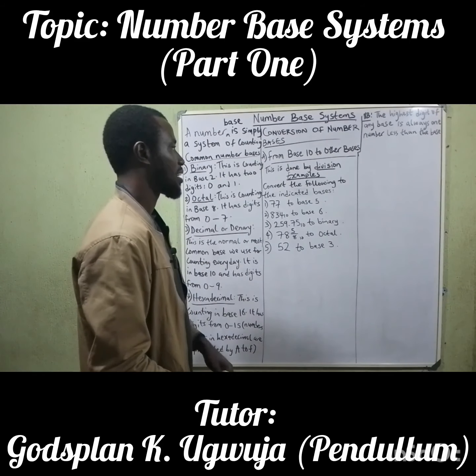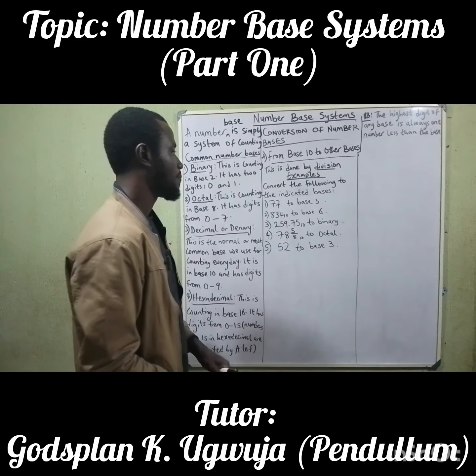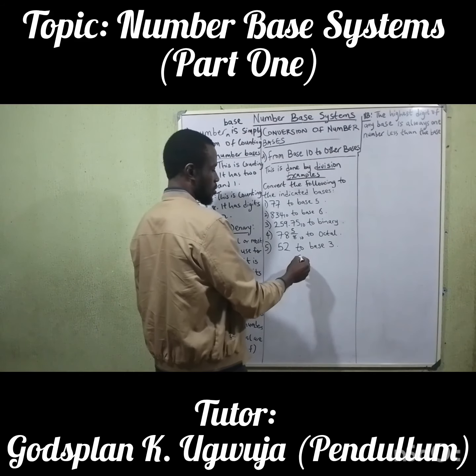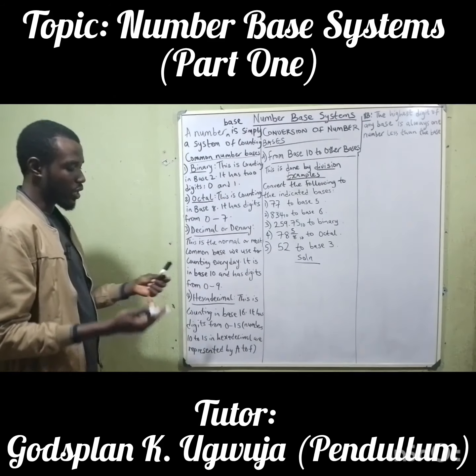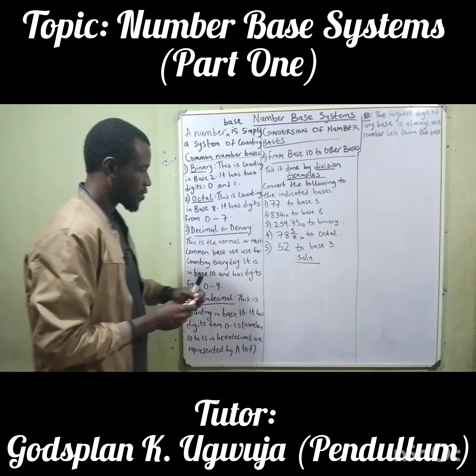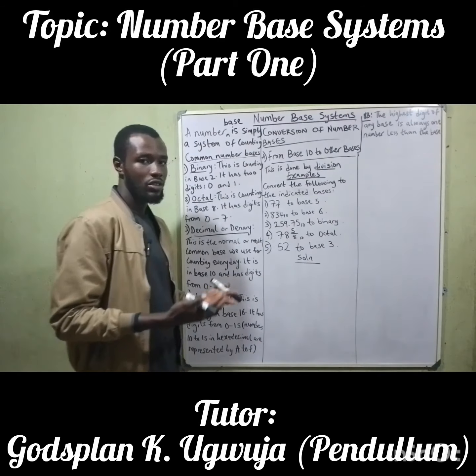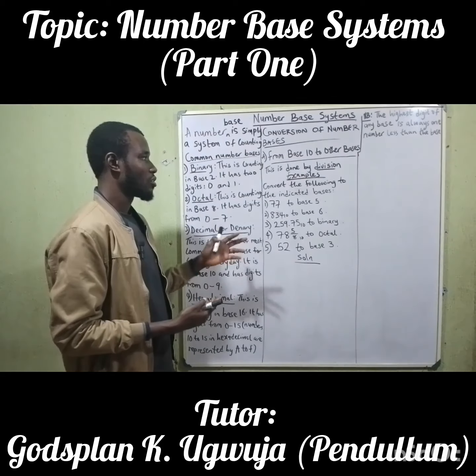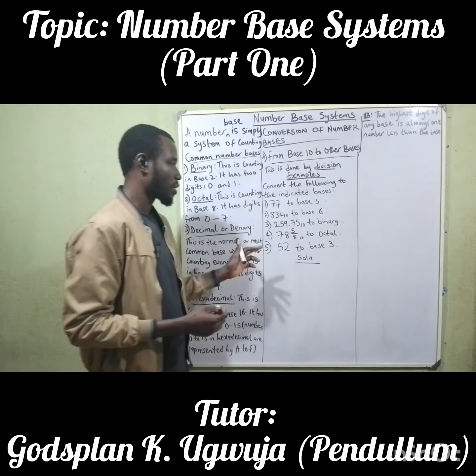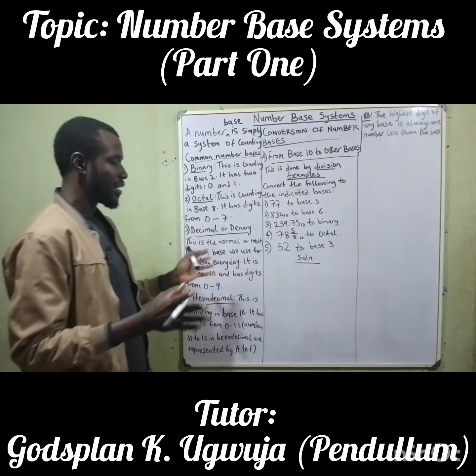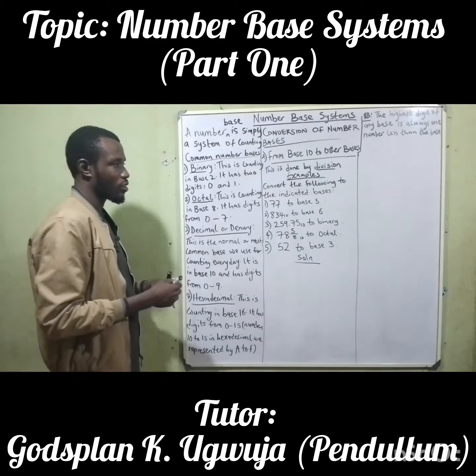So let's look at these examples, and this should help you understand this properly. Number bases are quite simple, and I'm sure many people can do it, but I've still seen people who struggle with it. That's why I decided to choose this topic. We should be done in no time at all, and we'll move on to another topic.